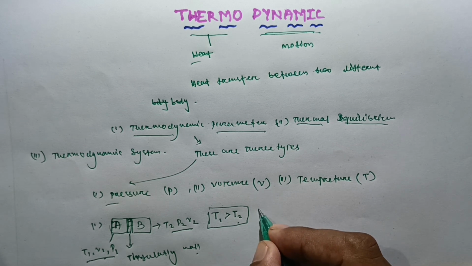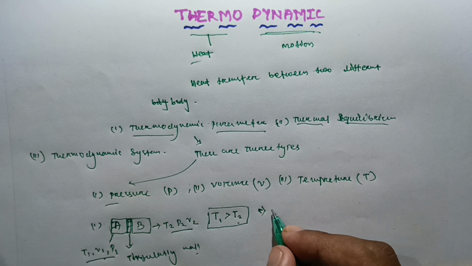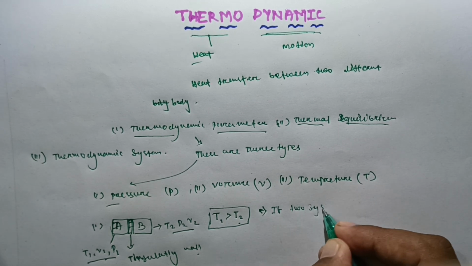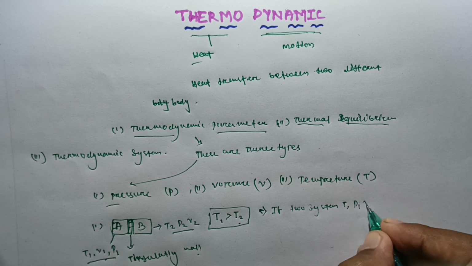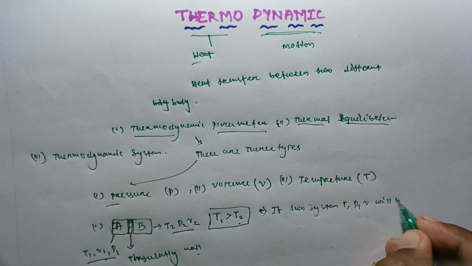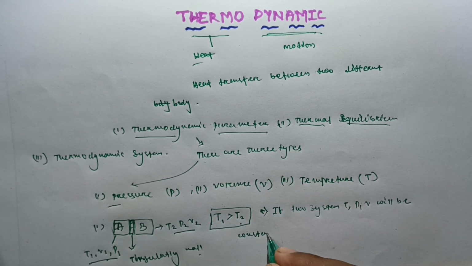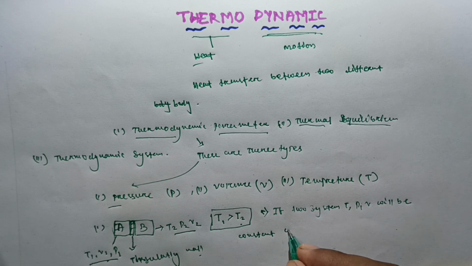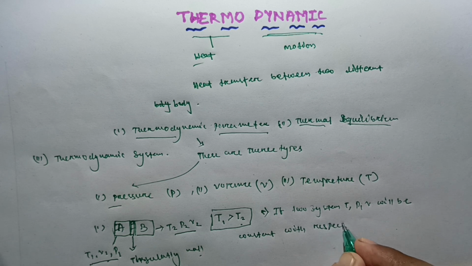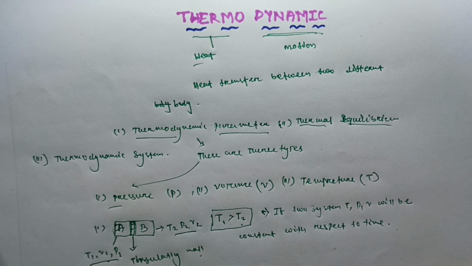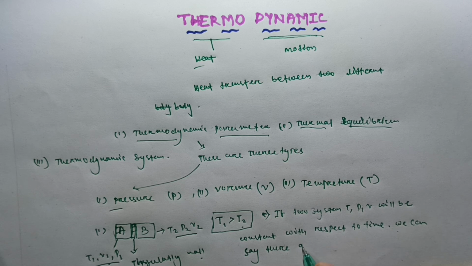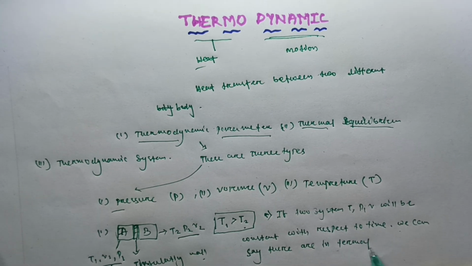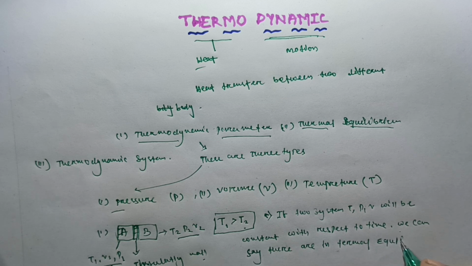So the definition of thermal equilibrium will be: if two systems' temperature, pressure, and volume are constant with respect to time, we can say they are in thermal equilibrium.